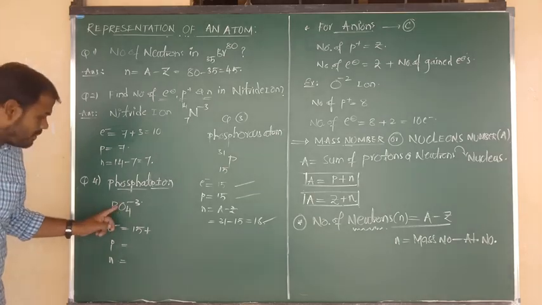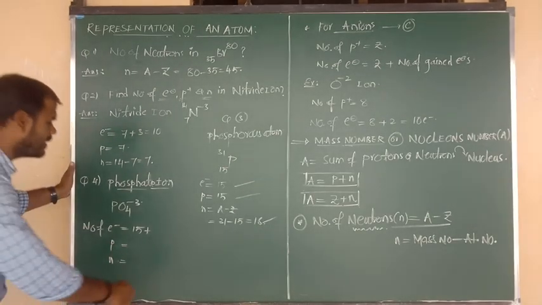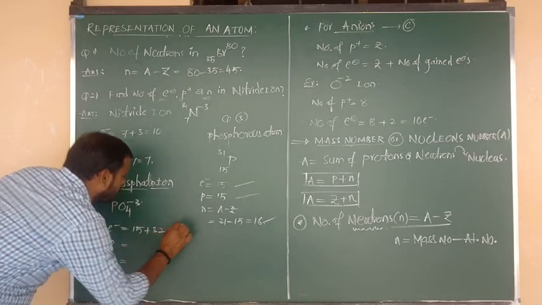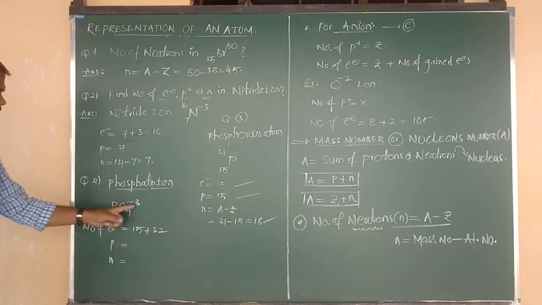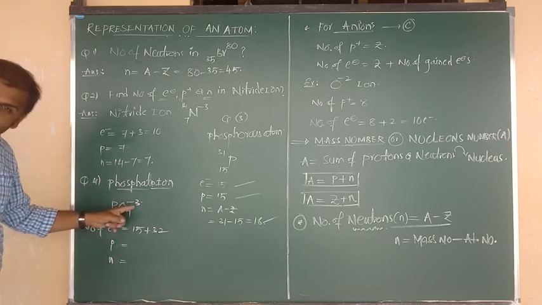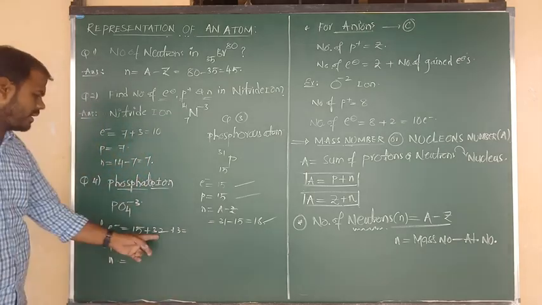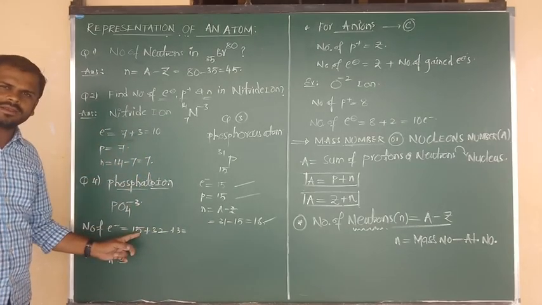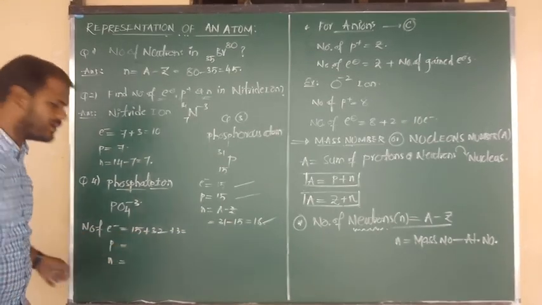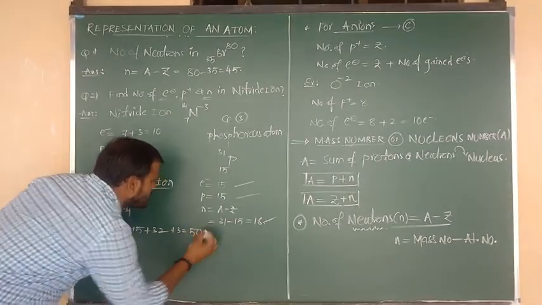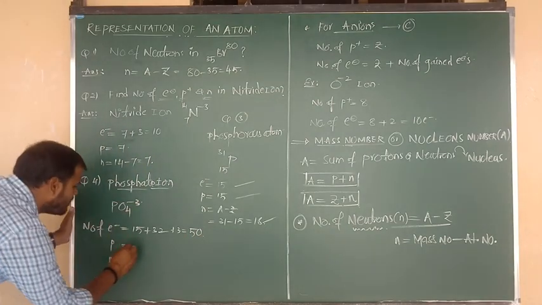But there are 4 oxygen atoms, so 4 into 8, that is 32. And minus 3 means it gains 3 electrons, so I write 3 electrons here. 3 plus 2 is 5, plus 5 is 10; 10 and 10 is 20, plus 30 is 50. So it contains a total of 50 electrons.